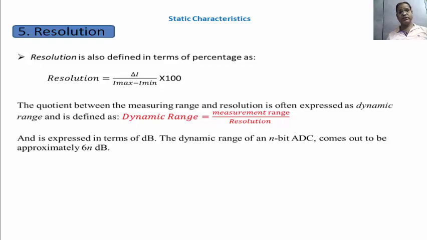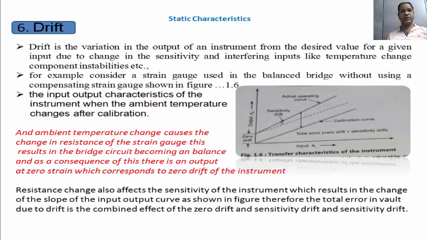The quotient between measuring range and resolution is often expressed as dynamic range, and it is defined as dynamic range equal to measurement range upon resolution, and is expressed in terms of decibels. The dynamic range of an n-bit analog to digital converter comes out to be approximately 6n decibels. Okay. This is the resolution of an instrument.